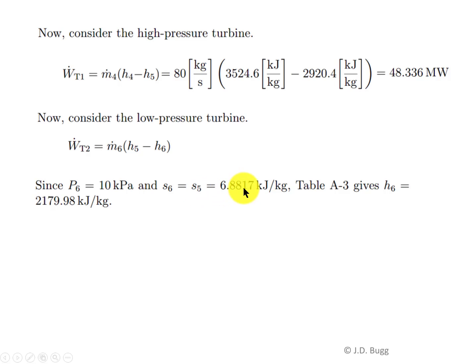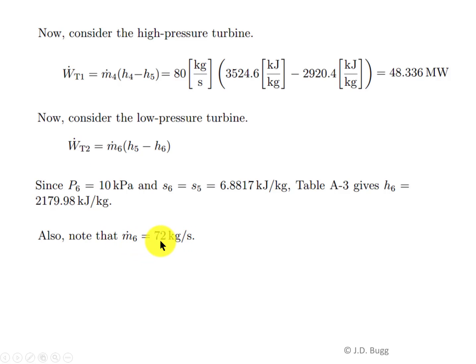So that's that same value of entropy. And the pressure at the exit of this turbine is 10 kilopascals, the condenser pressure. So table A3 will tell us that at 10 kPa and an entropy of this, the enthalpy is 2,179.98 kilojoules per kilogram.